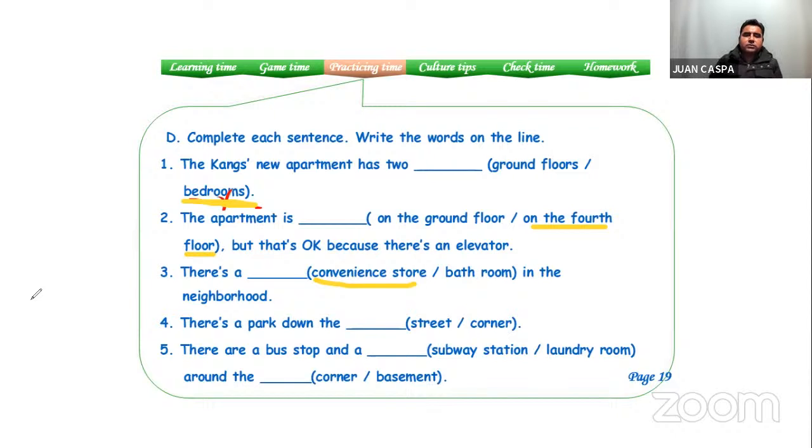there's a park down the street, or we say down the corner. We say it's down the street, right? And number five, there are a bus stop and what do we say? Something related to that word.